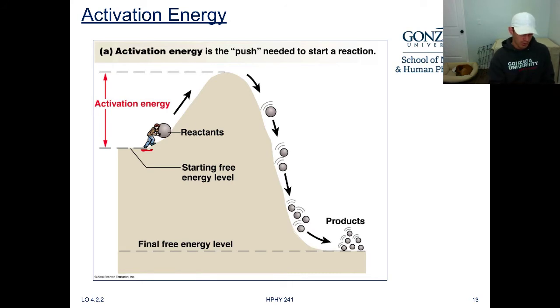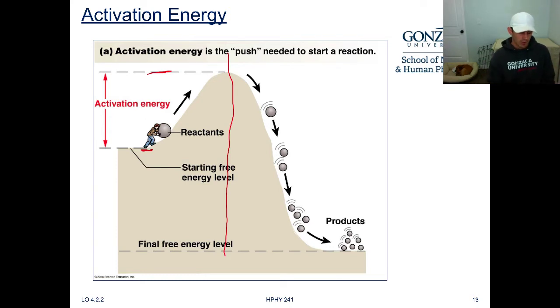However, this poor soul has to push this big boulder up the hill, and at the point where he no longer has to keep pushing and the ball starts rolling on itself, this is the chemical reaction. But from here to here, what's being denoted in red, that amount of energy he spends to get up the hill, that would be the activation energy.